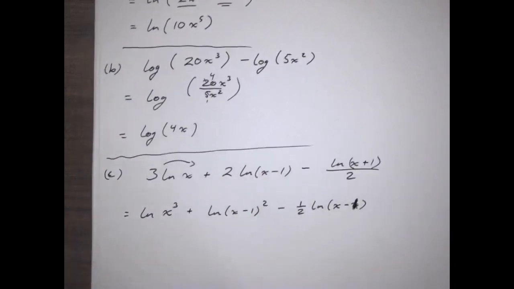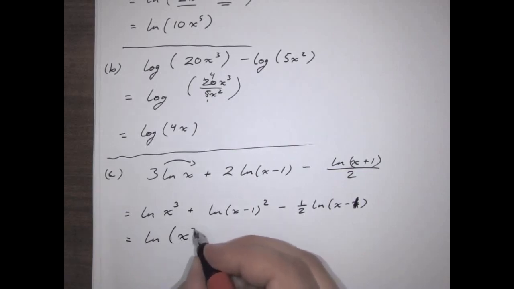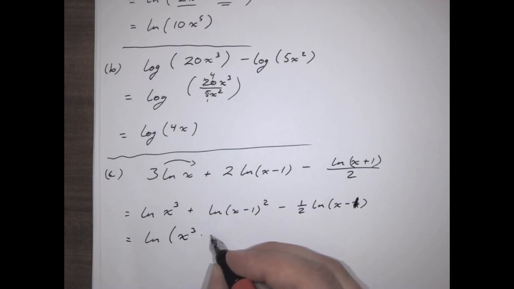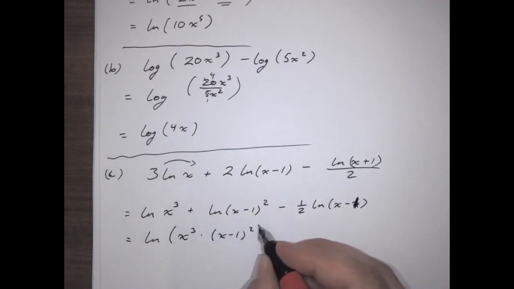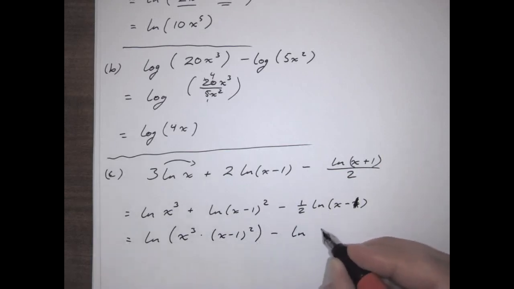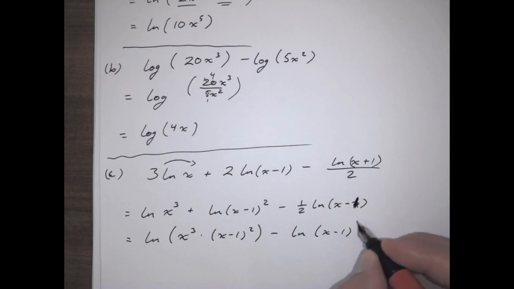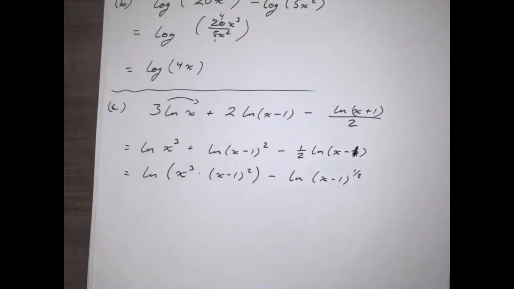And then we can put them together and get ln of x cubed times (x minus 1) squared, and then minus ln of (x plus 1) to the 1/2 power. But a 1/2 power is the same as a square root.